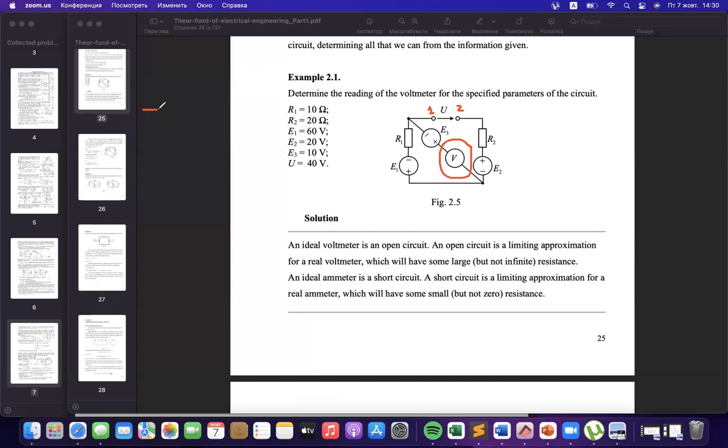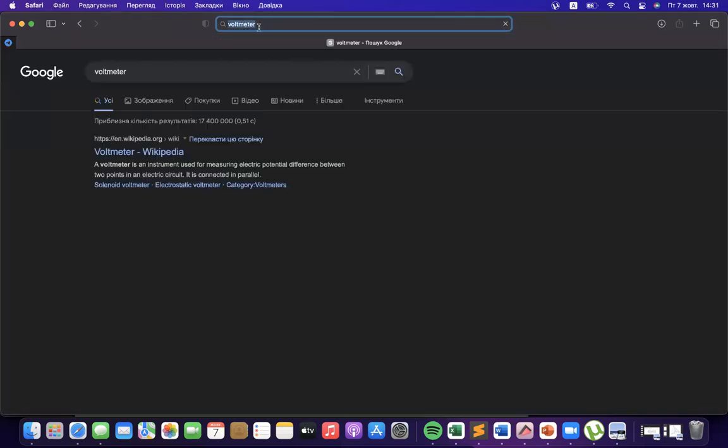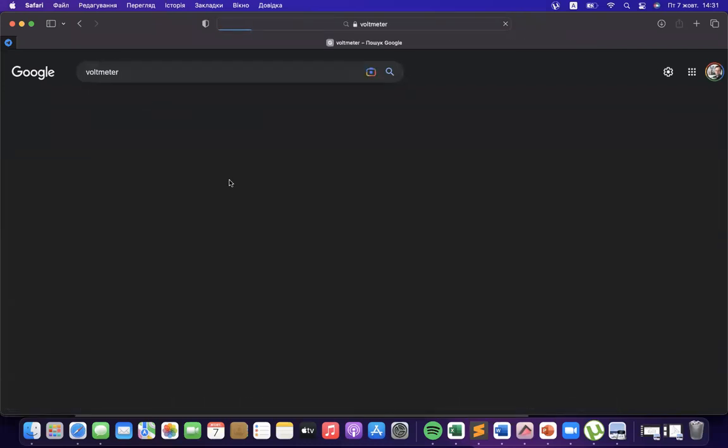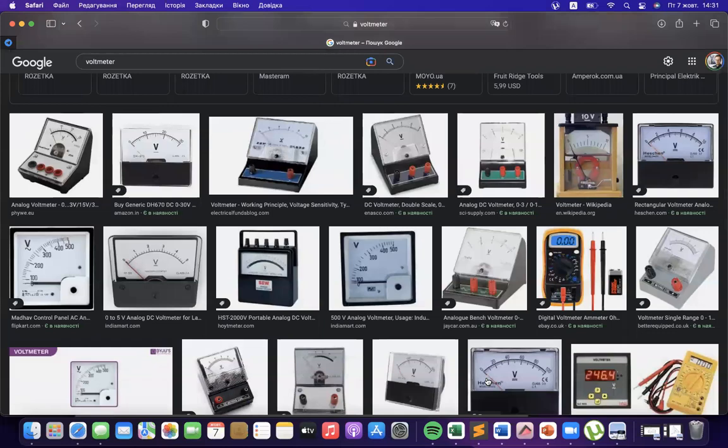And we are asked what measurement of voltmeter we will have in this situation. We have 2 main measurement devices called voltmeter and amperemeter. You could easily Google how they look. Just some measurement device for voltage.